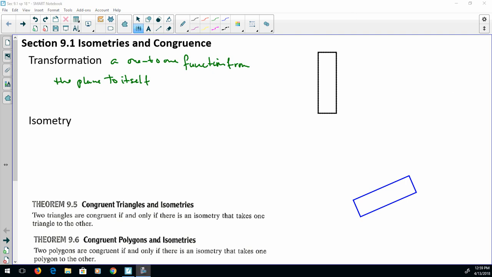So in other words, it takes points in the plane and attaches them or assigns them to other points in the plane.